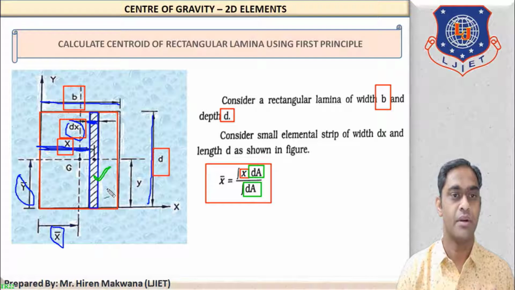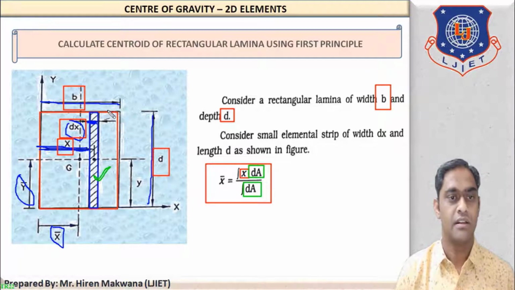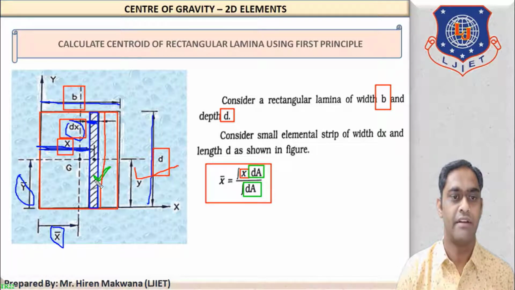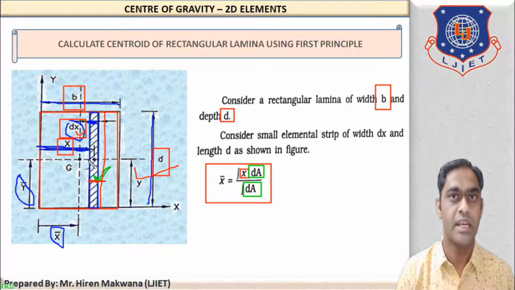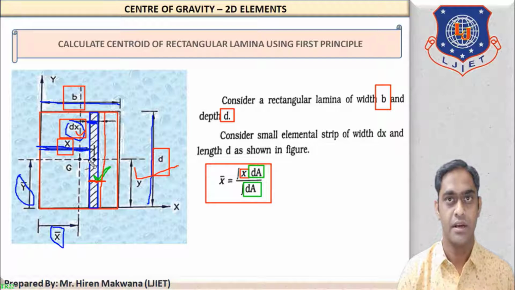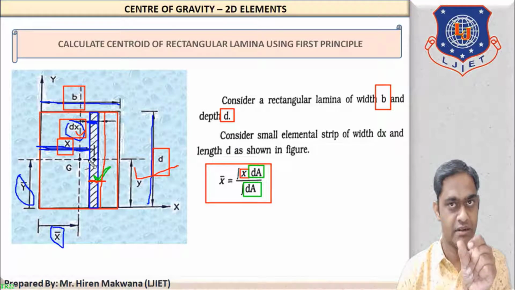Now what is the area of the strip from the figure? From the figure you can see the height of the strip is equal to d itself, and the width of the strip is equal to dx. So the area of the strip will be d into dx. D means depth, dx means width.